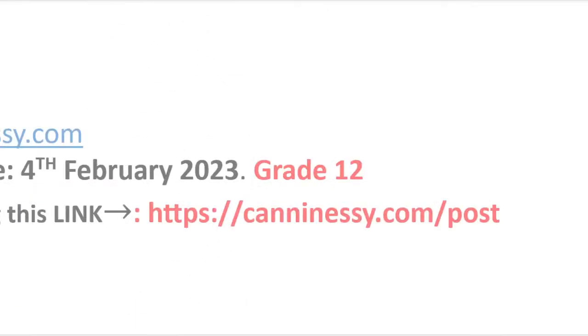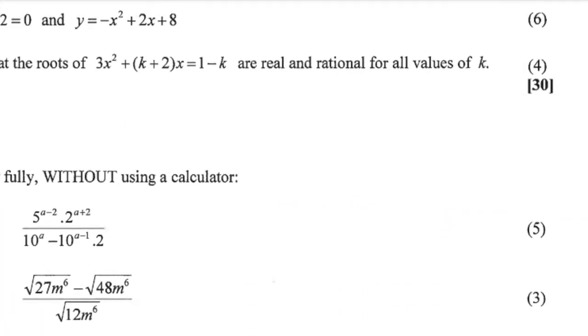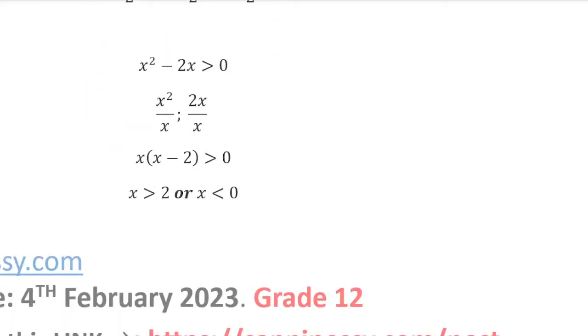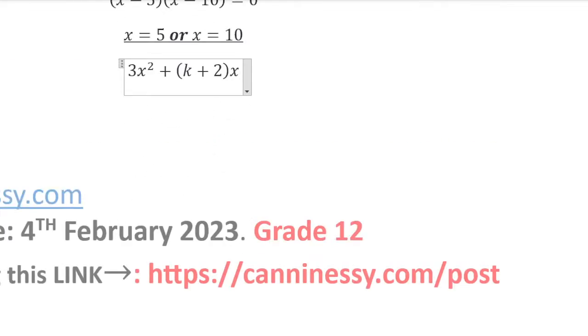So we have 3x squared plus k plus 2 into x is equal to 1 minus k. All right, so what is the condition?